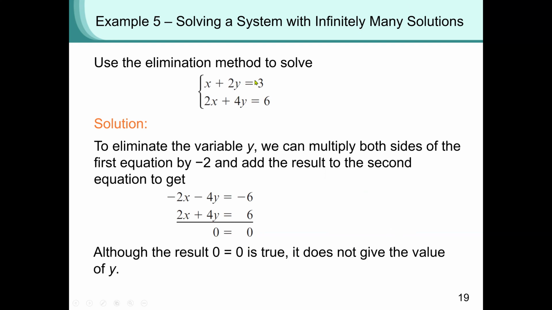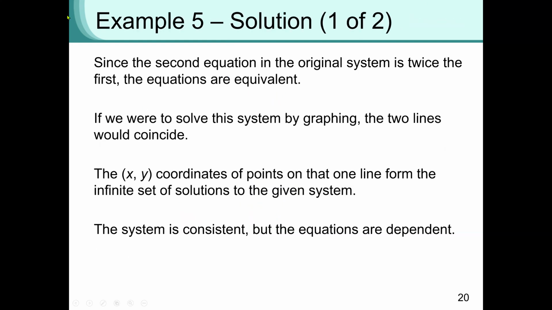If we plot these two graphs, we will get a straight line on each other. So that means there are a lot of intersections, so infinity. Now here we say that since the second equation in the original system is twice the first, the equations are equivalent. Now, if we were to solve this system by graphing, the two lines will coincide.